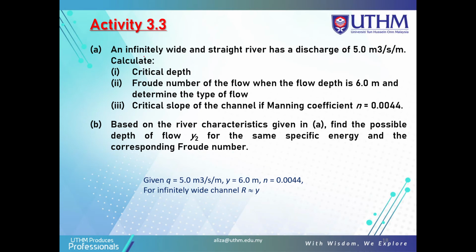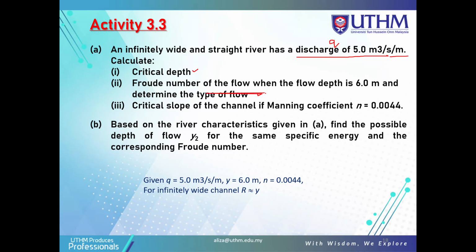Now look at activity 3.3. An infinitely wide and straight river has a discharge of 5 meter cube per second per meter. This is called small q, the discharge per unit width. First, calculate the critical depth. Second, calculate the Froude number of the flow when the flow depth is 6 meter and determine the type of flow.